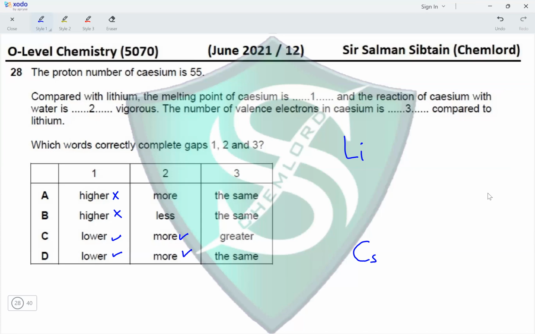The number of valence electrons in cesium is dash compared to lithium. The number of valence electrons remains the same because both of them are in the same group. So this eliminates option C, which says greater, and option D says the same. So as a result, option D is the correct option for this question.